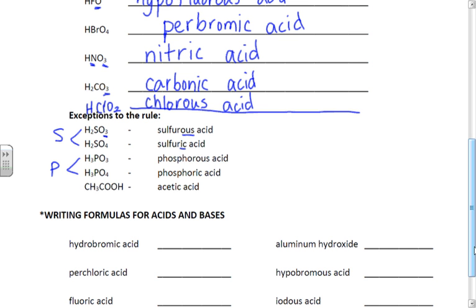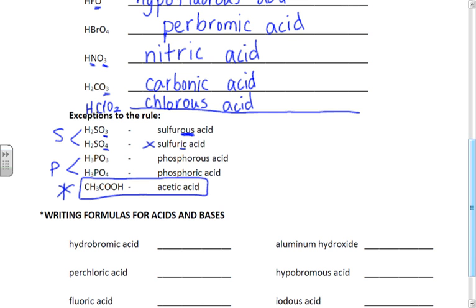But we see that it's ending with OUS like if it only had 2 oxygens. For sulfuric acid, it has 4, so we would think it would be per sulfuric, but it doesn't have that prefix there at the beginning. There's nothing there. It's just sulfuric, which would be the name if we followed the rules if there were only 3. So it gets off just a little bit for those two, and because of that, I'll give you those exceptions.